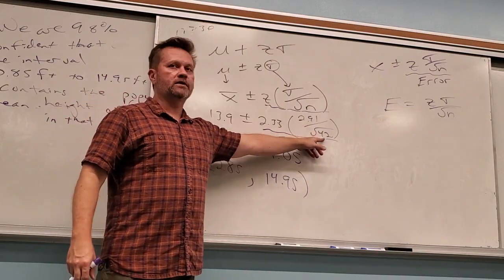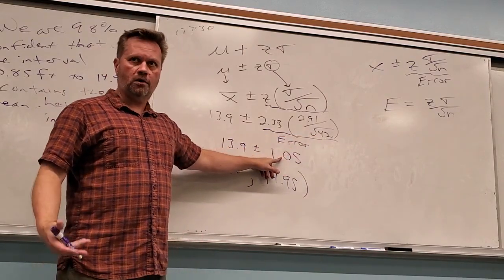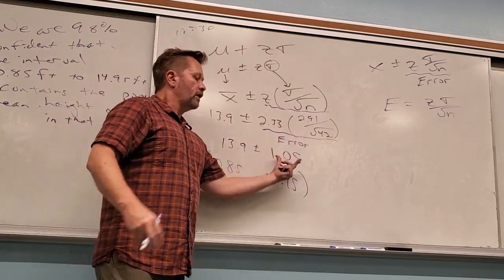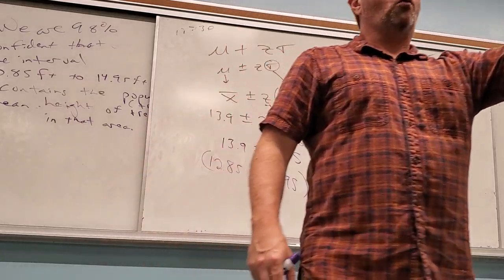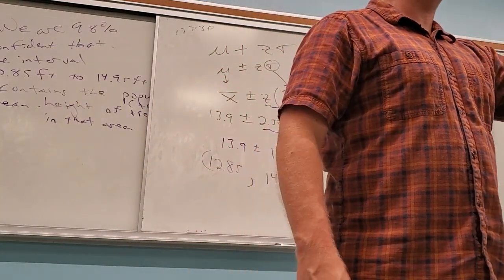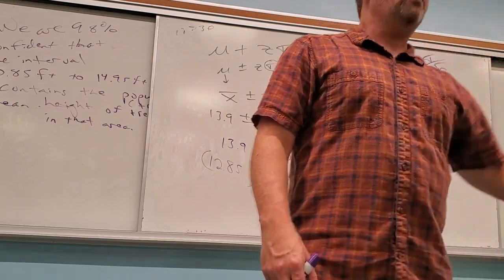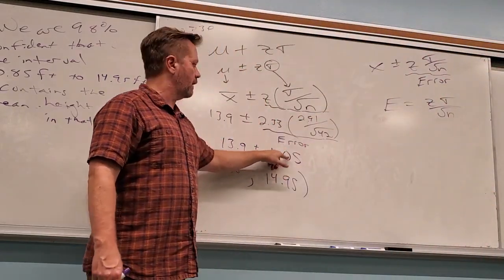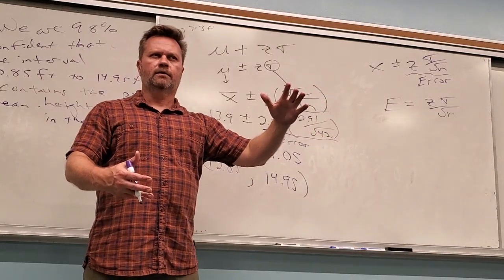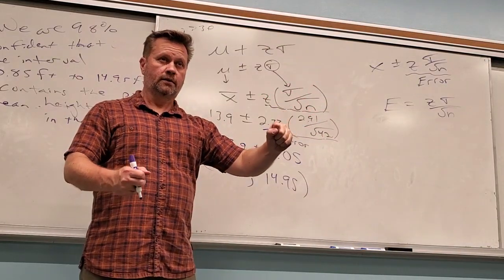If I made the sample size bigger, the error would get smaller because I would divide by more. Does that make sense? So if I have an idea of what I want the error to be, I can actually figure out how big of a sample it would take. If I wanted the error to be just 0.5, I would need a much bigger sample to get there. Does that make sense? Okay.